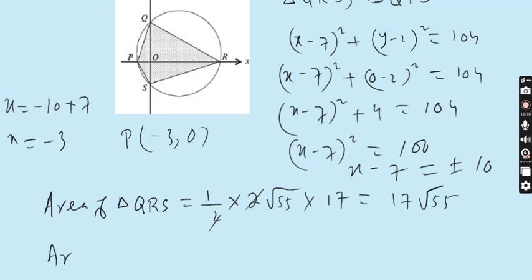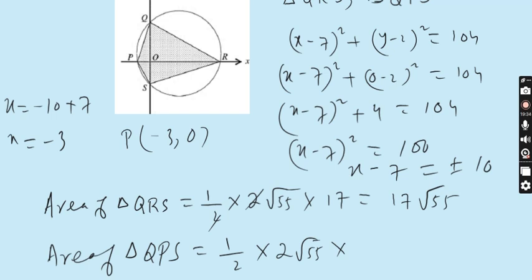Now we have to find the area of triangle QPS. Half, the base is the same, that is 2 root 55, and the height is from 0 to P, that is 3. We have found the coordinates of P as well, and because we are finding area, which cannot be negative, we have to take only the positive value, 2 by 2, 3 root 55.